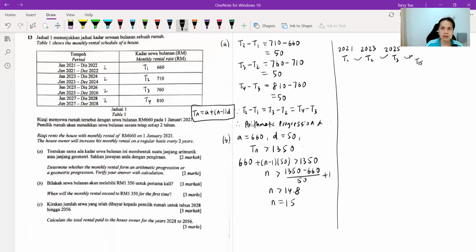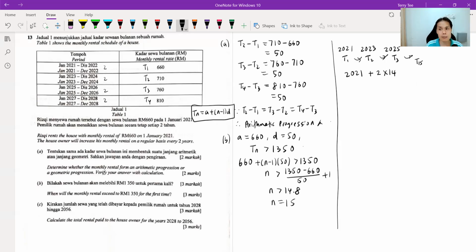We start from 2021. To get to T2, you need to plus 2 once. To get to T3, you plus 2 twice. To get to T15, you must plus 2, 14 times. Get the idea or not? You must plus 2, 14 times.